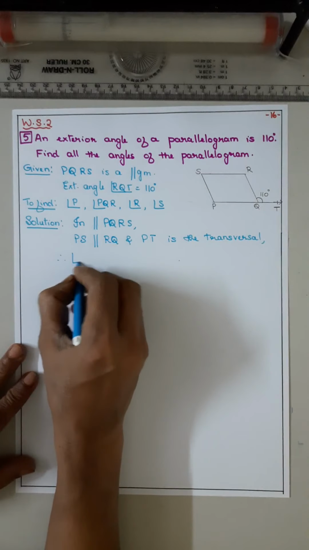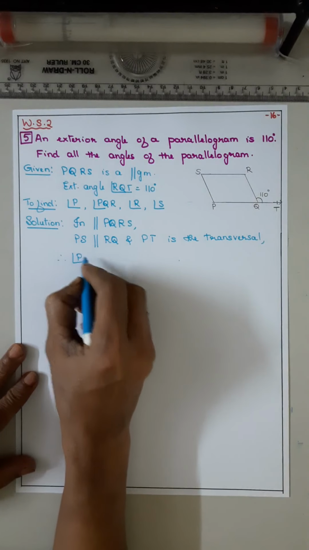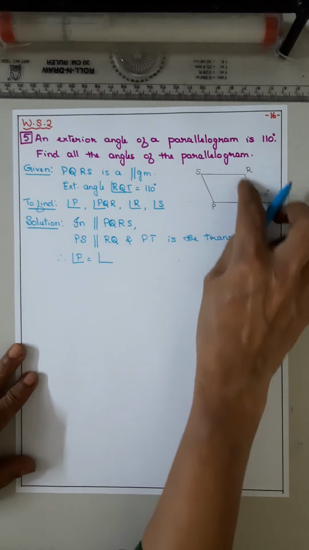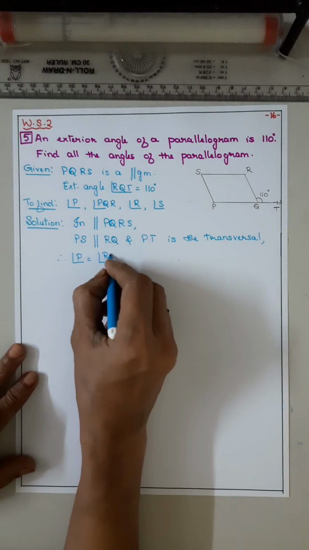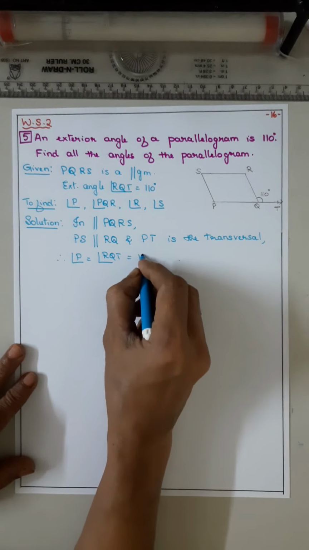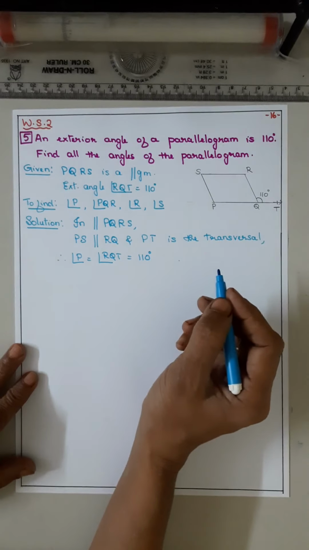Therefore, angle P is equal to angle RQT, that is equal to 110 degrees.